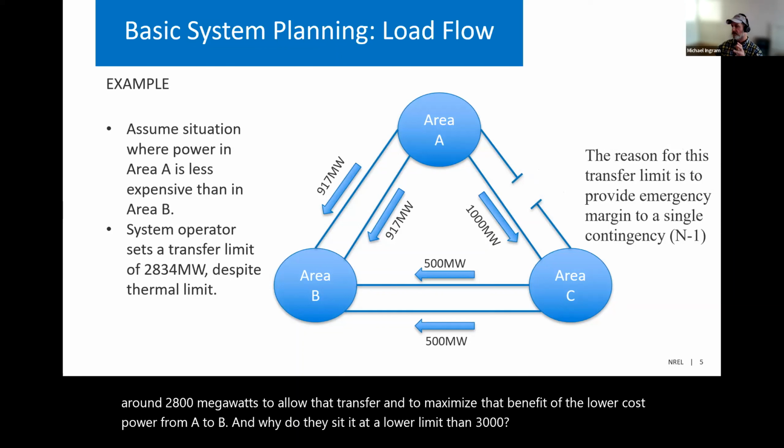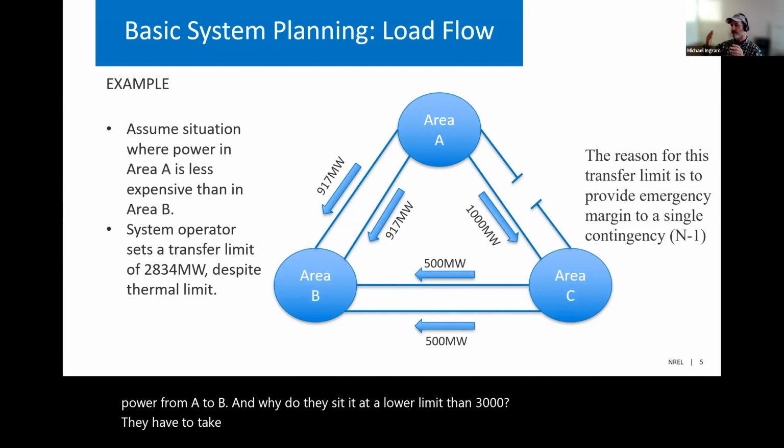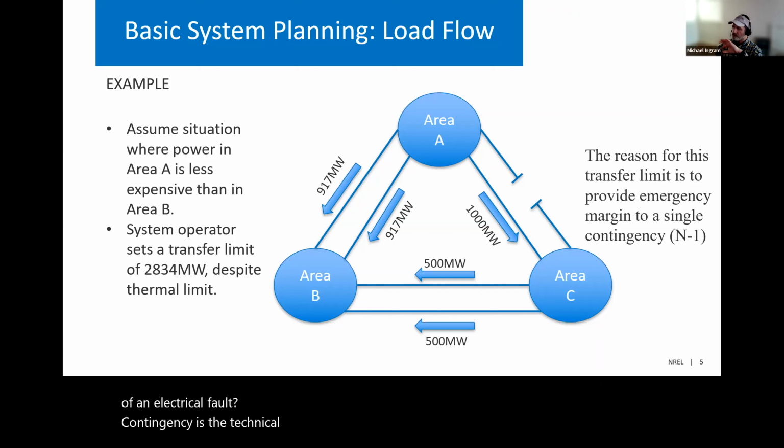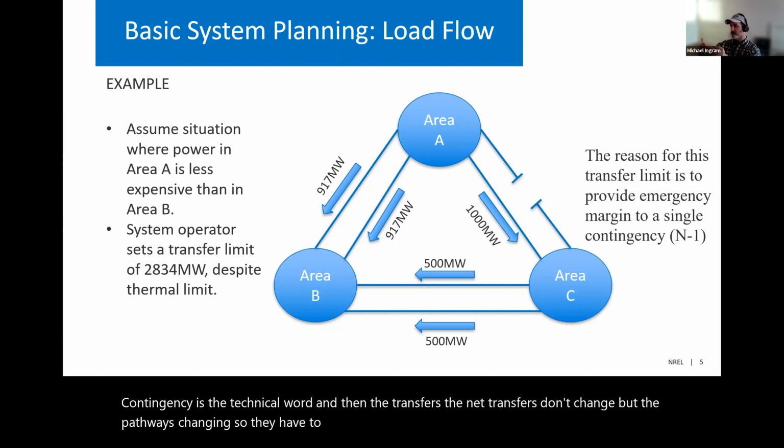Well, they have to take into consideration what if they lose one of these transmission lines because of an electrical fault, a contingency is the technical word. Then the net transfers don't change, but the pathways change, and so they have to limit that contingency flow.